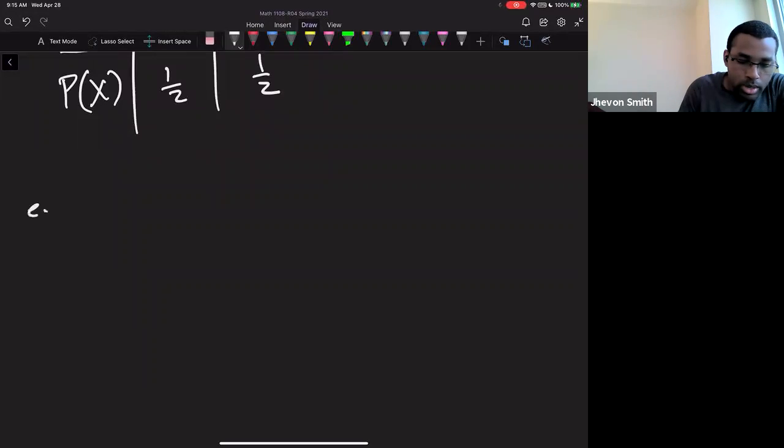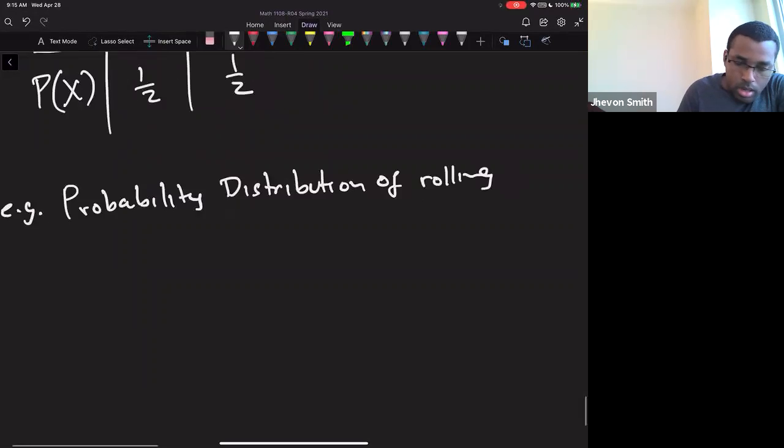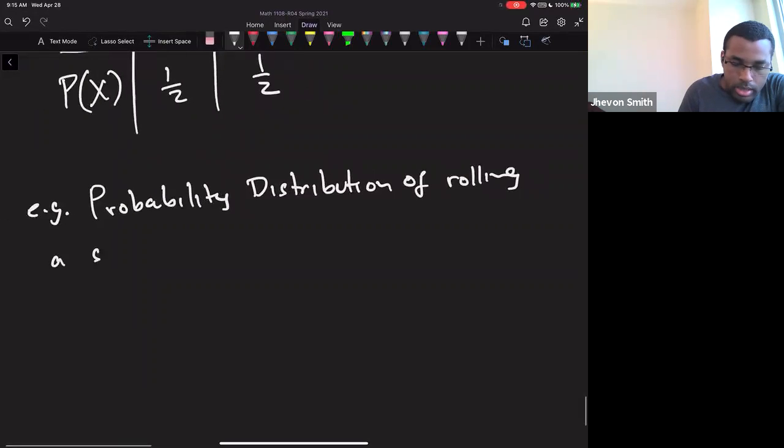We can also do an example: the probability distribution of rolling a 6-sided die.